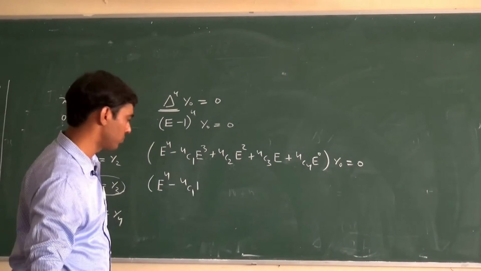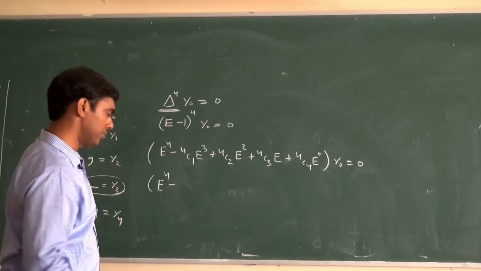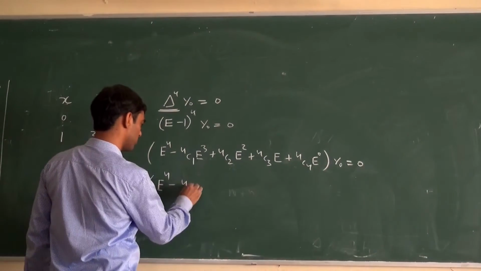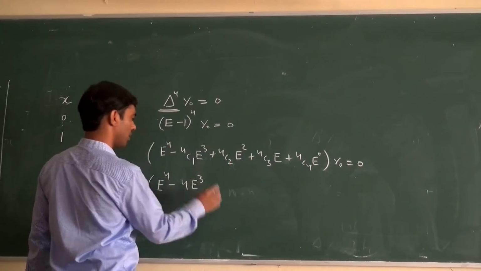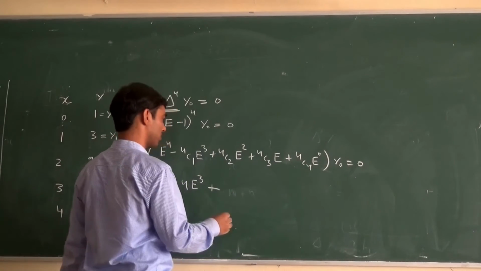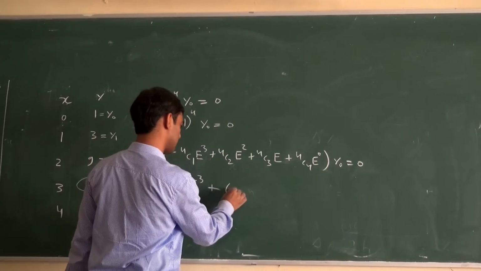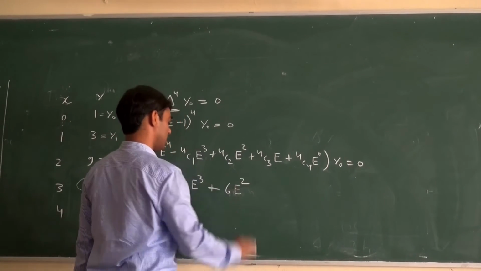What is the value of 4C1? Factorial 4 divided by factorial 3 into factorial 1, so this is 4E cube. What is the value of 4C2? Factorial 4 by factorial 2 times factorial 2, so this is 6E square.